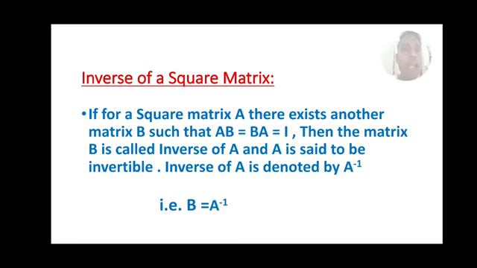If for a square matrix capital A, there exists another matrix B such that AB equal to BA equal to I, meaning identity matrix, then the matrix B is called the inverse of A, and A is said to be invertible, and the inverse of A is denoted by A to the power of minus 1.